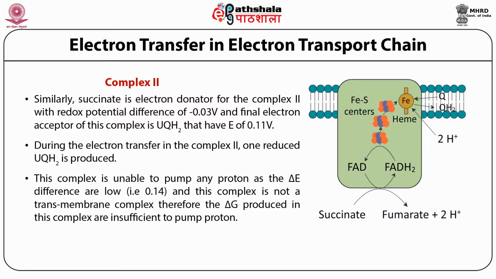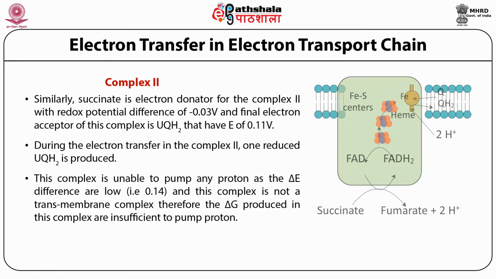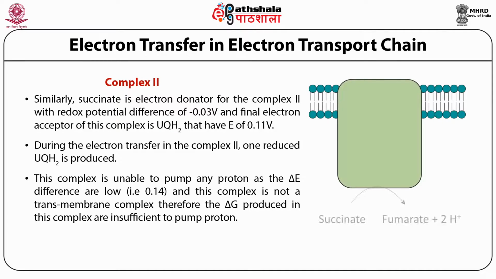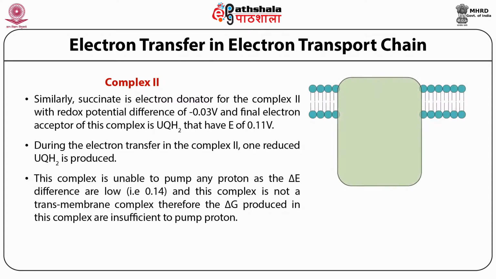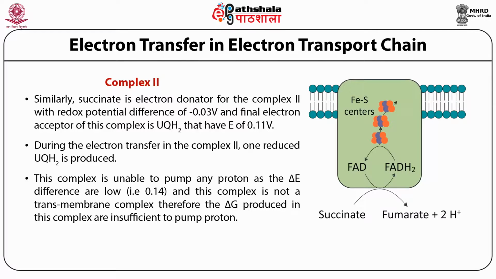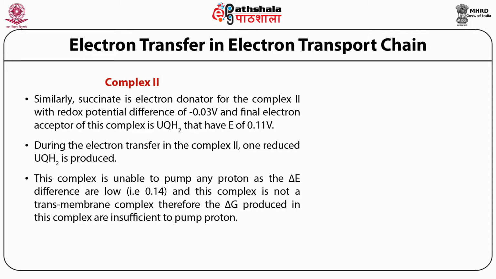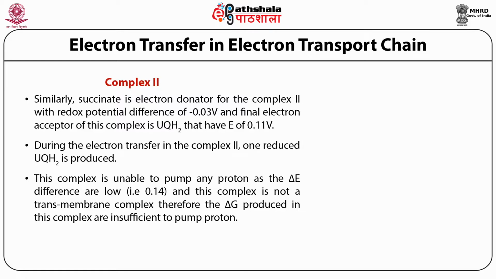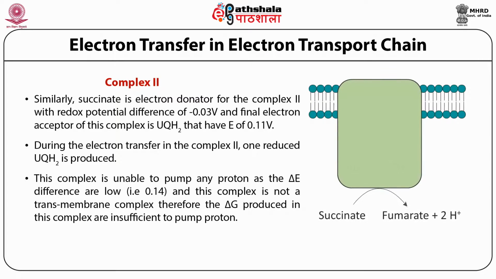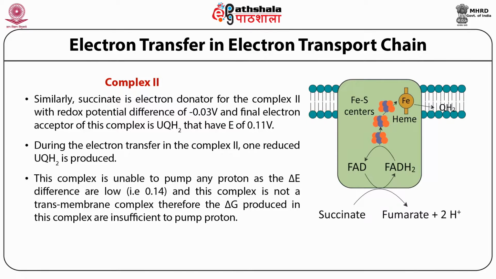But we have only a 0.14 delta E difference, which is not enough to create the delta G required to pump any proton in these circumstances. The result of this electron transfer is the production of one reduced ubiquinone without pumping any protons.